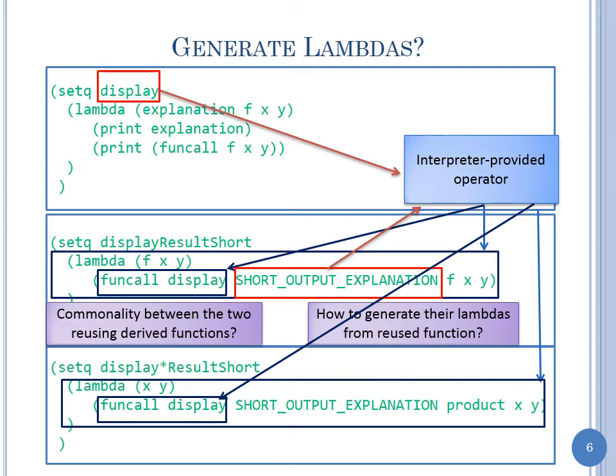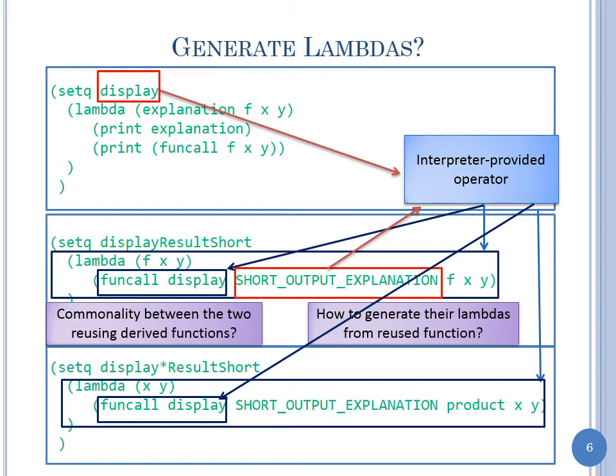Okay? So if I know display, what can I do with display? I can look up its lambda, find all its arguments, right? I know one argument has been specified. So fxy just happens to be the remaining arguments.